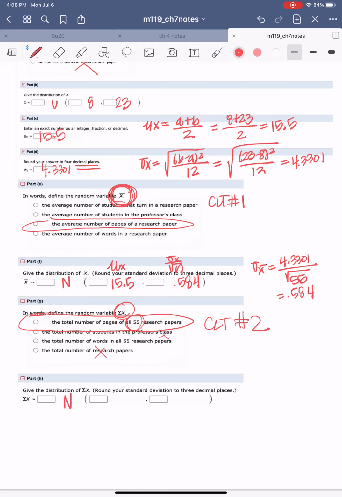Notation: it will be a normal distribution. Your mean for the sum was calculated as n times mu of x. The standard deviation for the sum was calculated as square root of n times sigma of x. So 55 times 15.5, I'm getting 852.5.